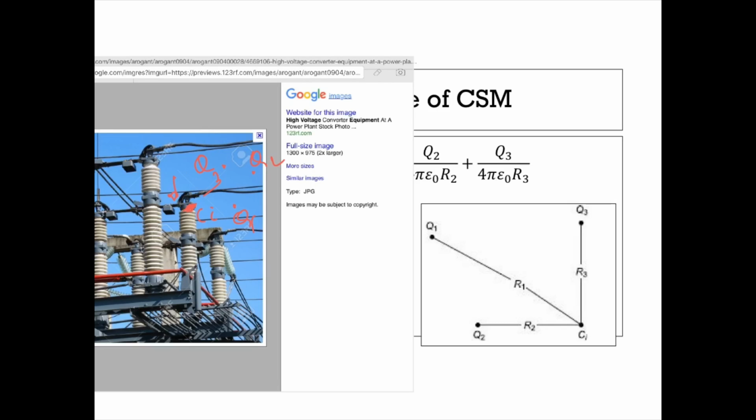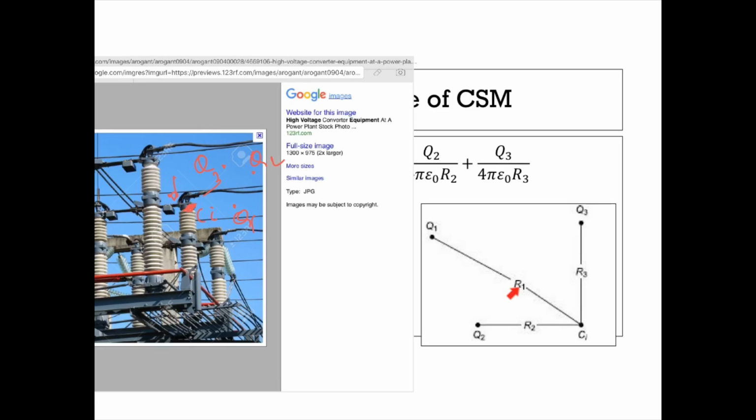So what is done is we have to simply connect these points Q1, Q2 and Q3 with this point Ci, which is representing the point on the electrode where the electric potential is known to us.